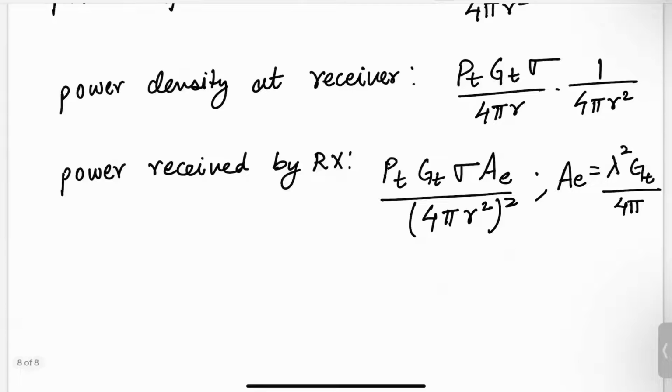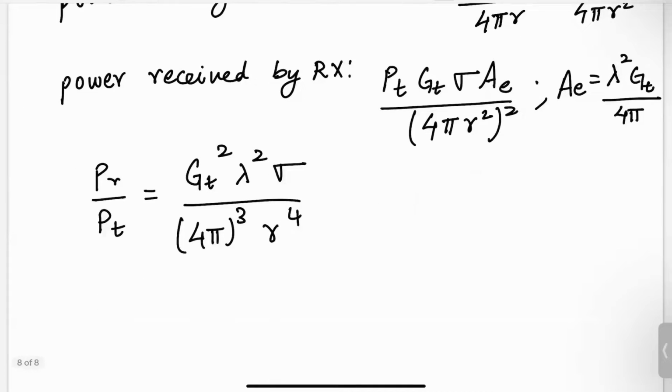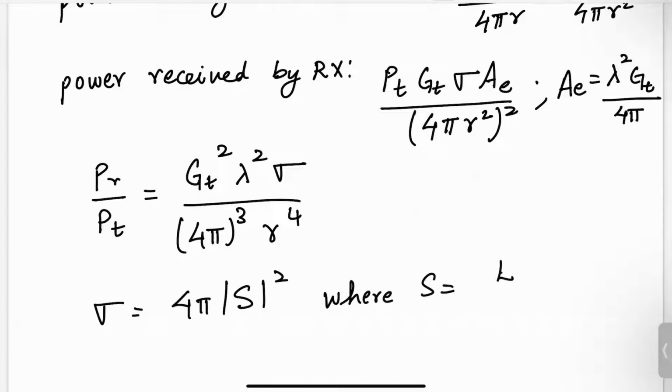So substituting that into this, the power received over the power transmitted for a radar system is GT squared lambda squared sigma over (4 pi) cubed r to the 4. Okay. And sigma can also be written as 4 pi modulus of S squared, where S is the ratio of the scattered field over the incident field at the target, and it's called the scattering amplitude.